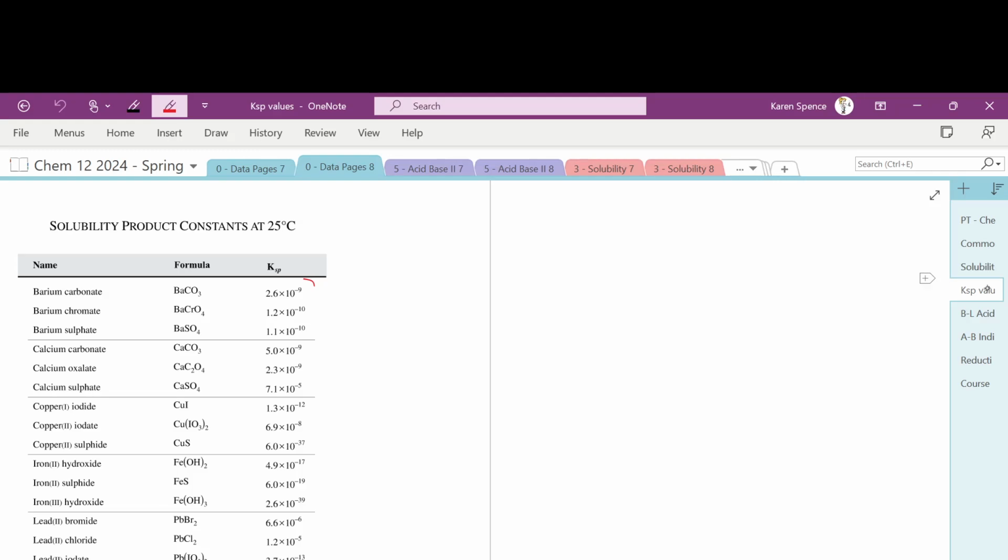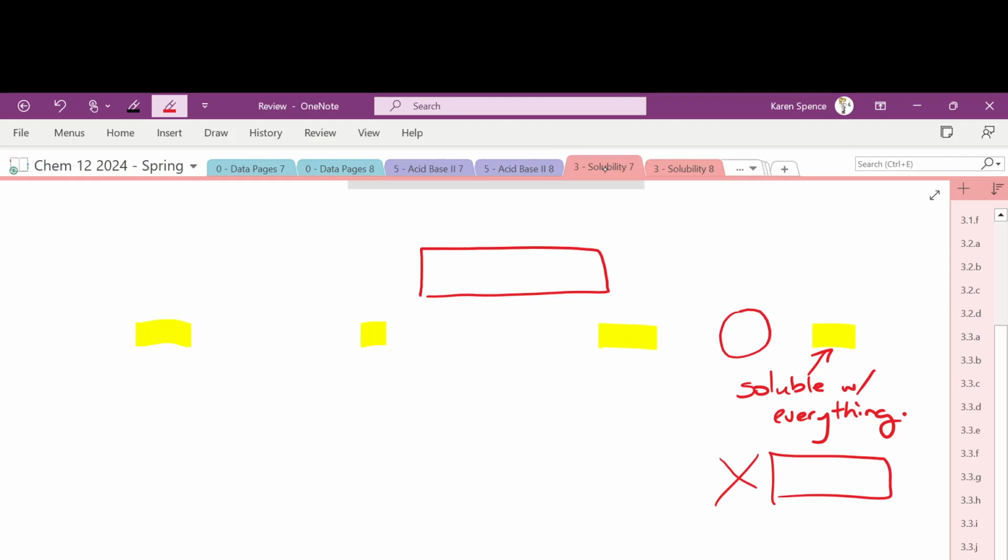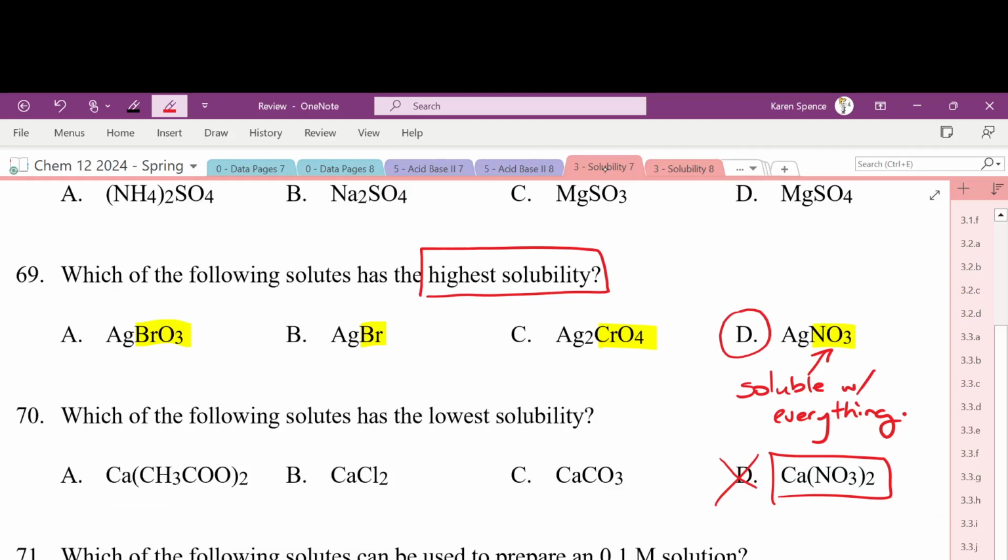Yeah, acetate's also soluble with everything. So acetate is soluble with everything. So not that one.